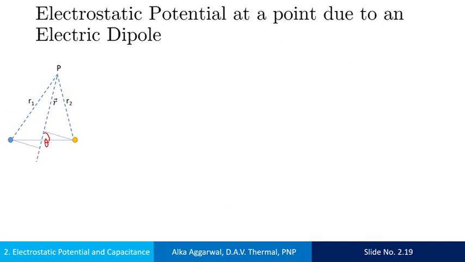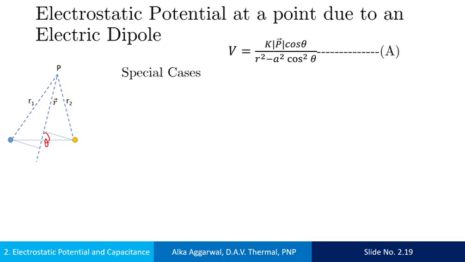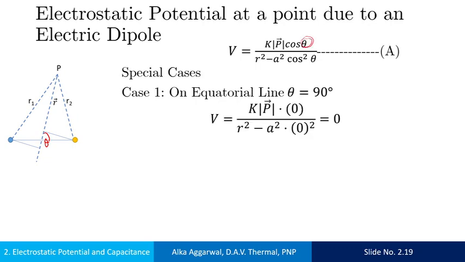Now the special cases. The first special case: if the point P is on the equatorial line, then the angle theta is 90 degrees. Now replace theta with 90 degrees in equation A. The value of cos 90, as you know well, is 0, and anything multiplied by 0 is 0. As we have already proved in our previous lecture, the potential at a point lying on the equatorial line is 0.